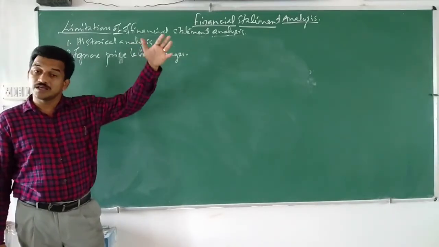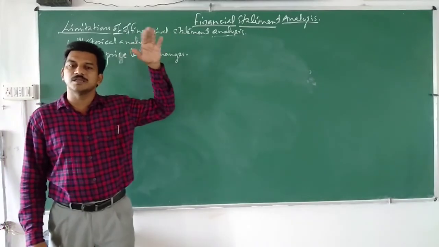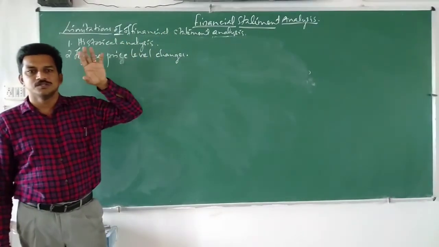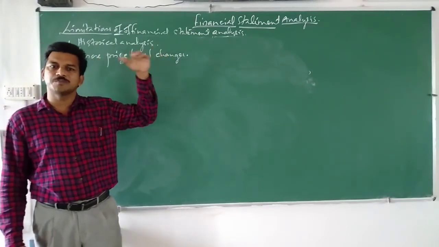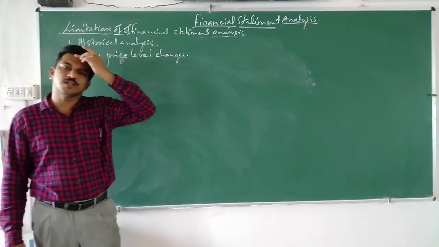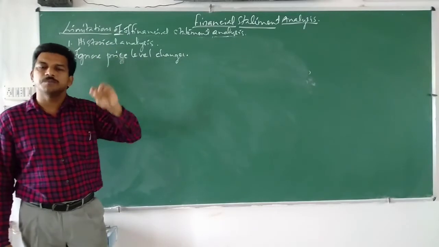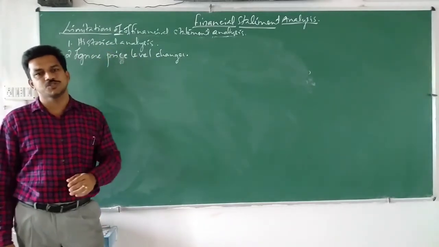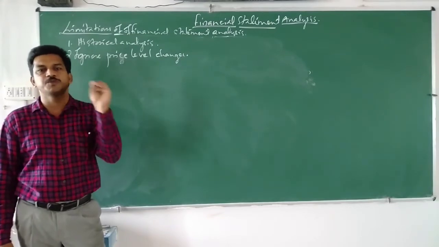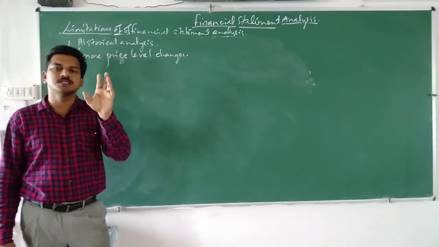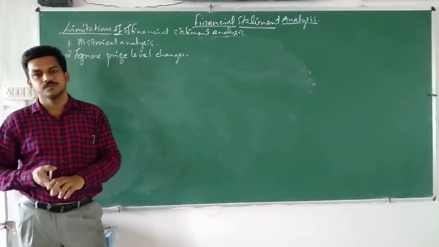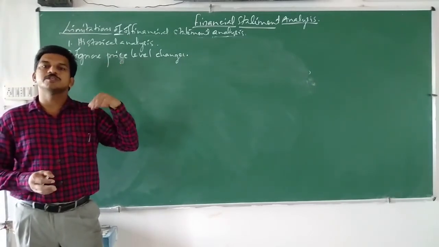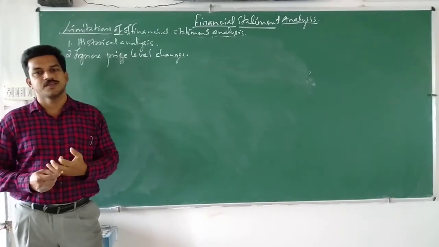We have said that we are analyzing the financial statements of the last 2 years. Suppose in the previous year we spent 1 lakh rupees for production expenses, and last year we spent 1,30,000 rupees. We will calculate that 30,000 rupees extra was spent.